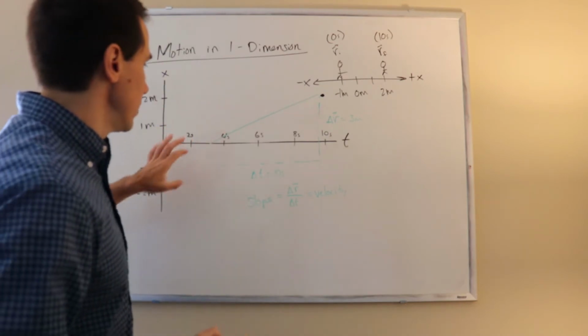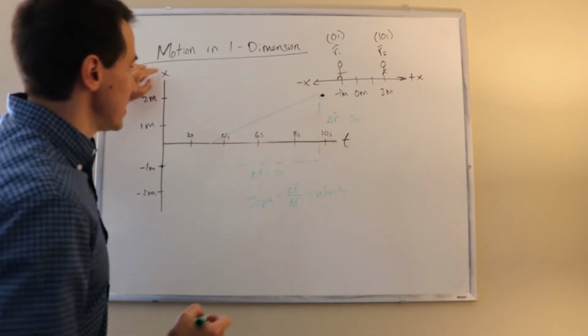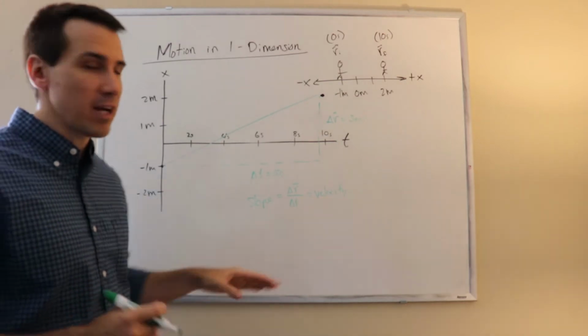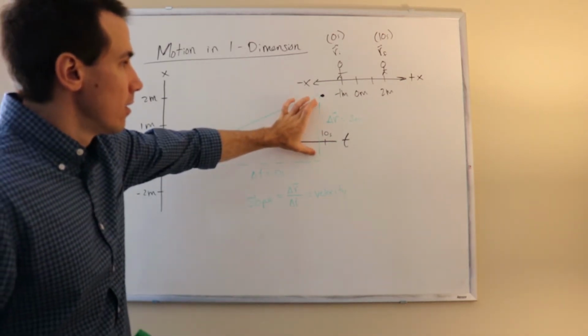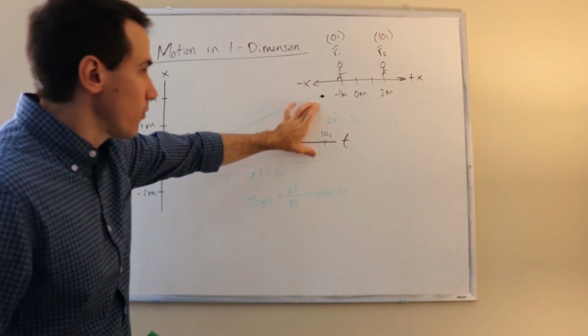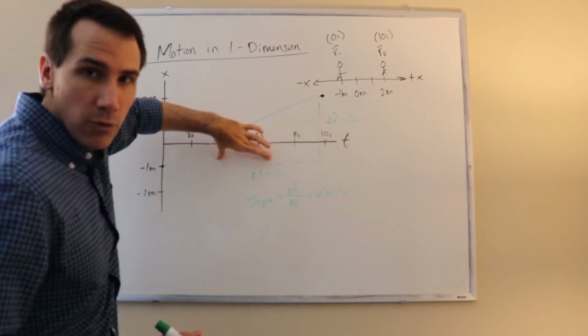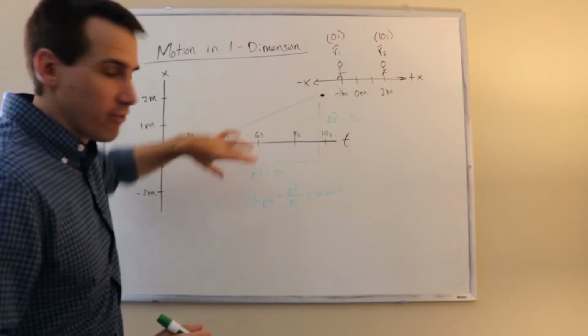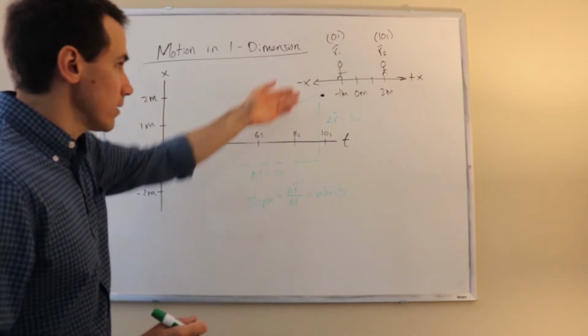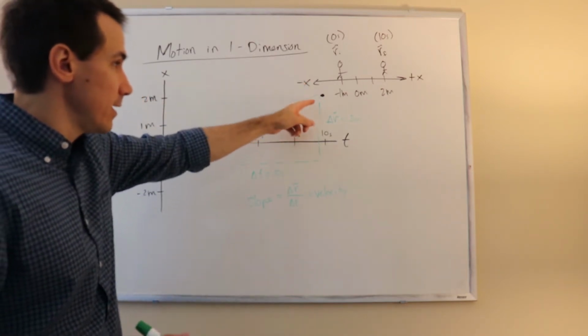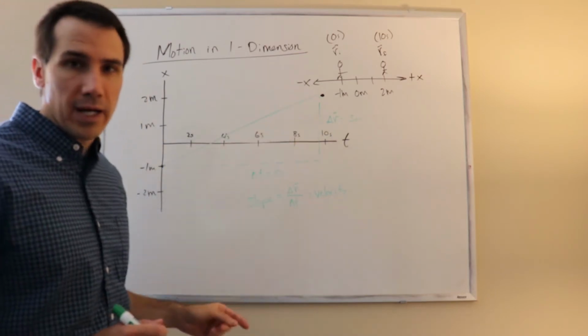So here, the slope of my position versus time graph is my velocity, because it represents how far did I go divided by how long did it take me to go that far. So here you'll find that the slope of this line is 3 divided by 10.